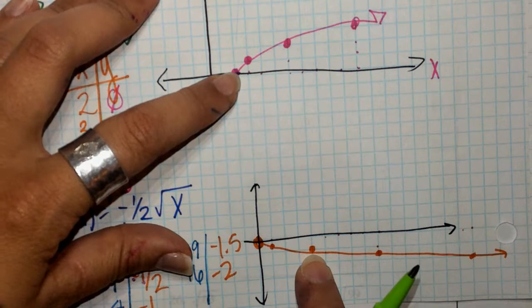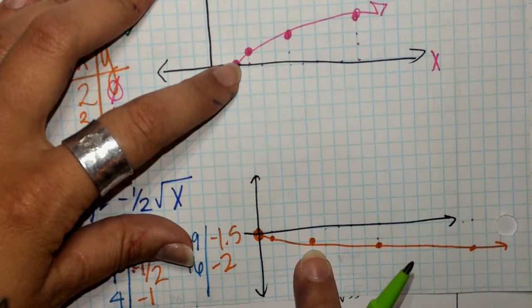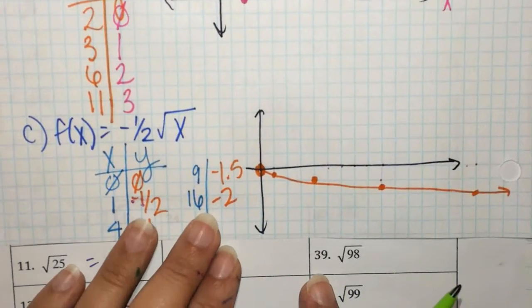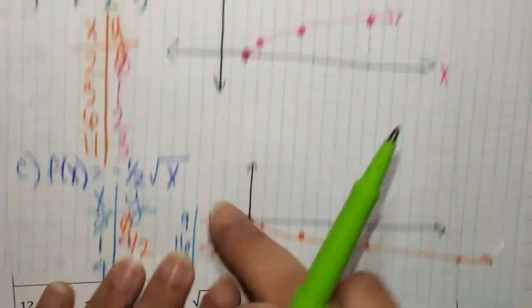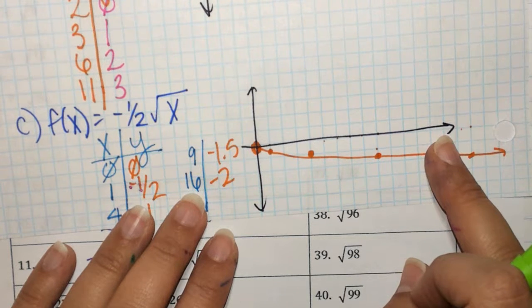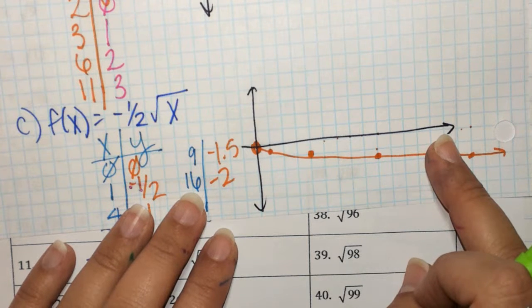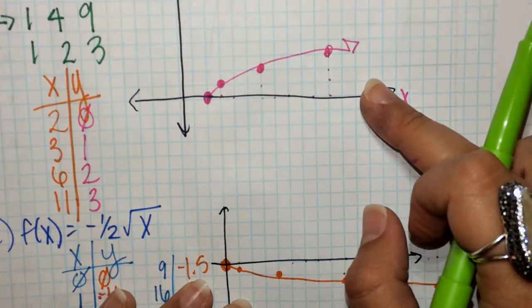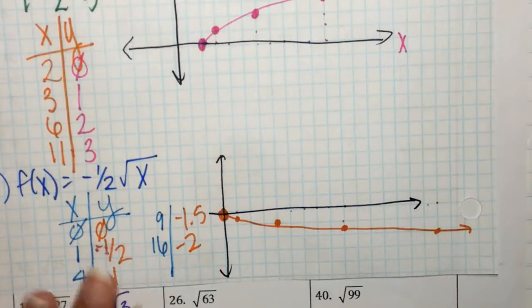But why can't it be flipped? It's flipped from this because it's negative. That number out front was negative, so it made it go upside down. So it's flipped now, but it's flipped over and flatter. It's closer to the x-axis than this one is.